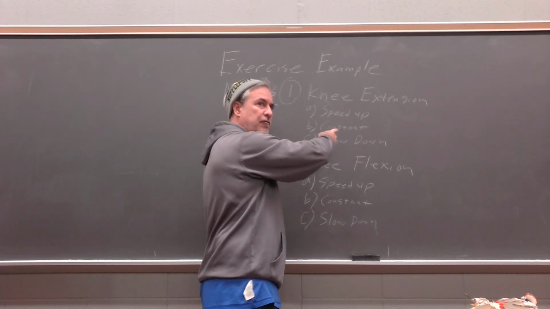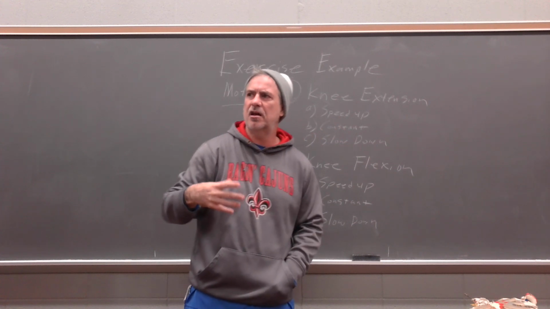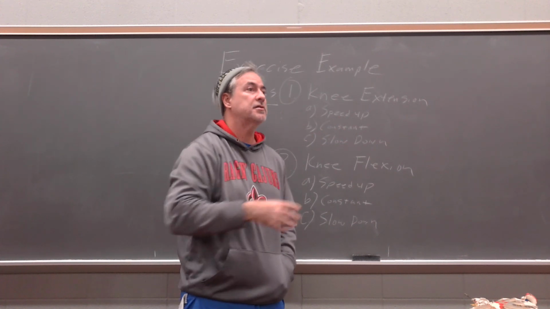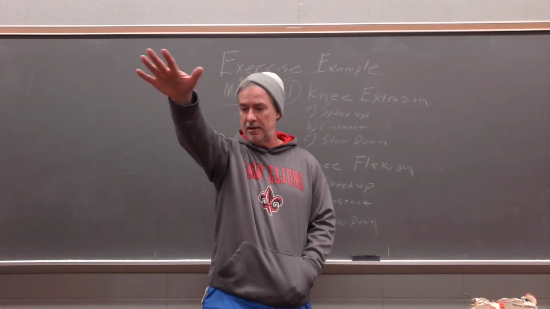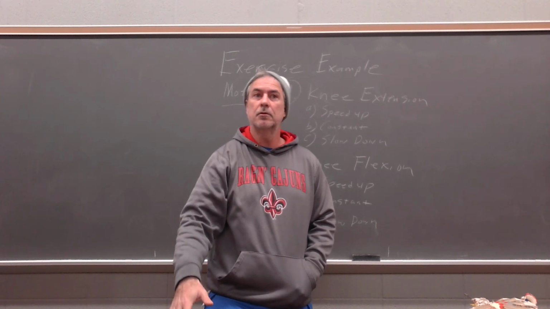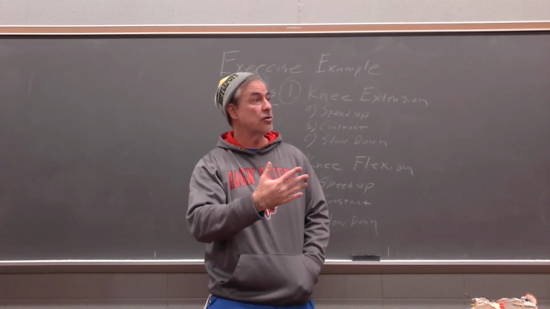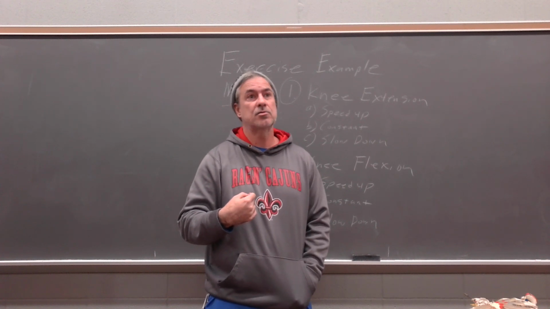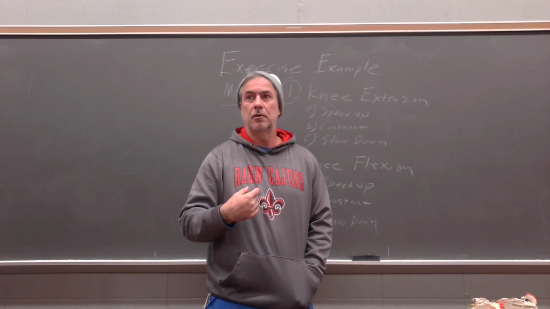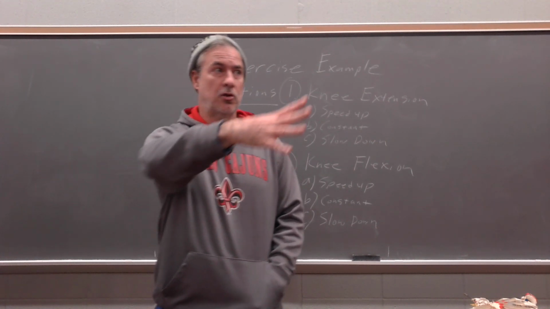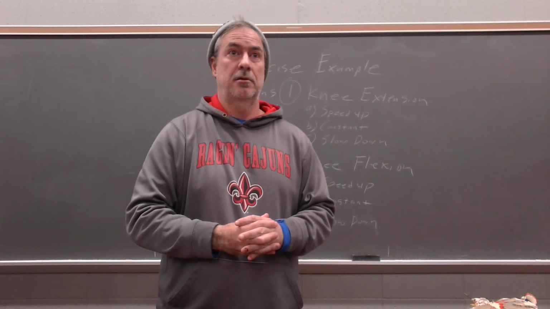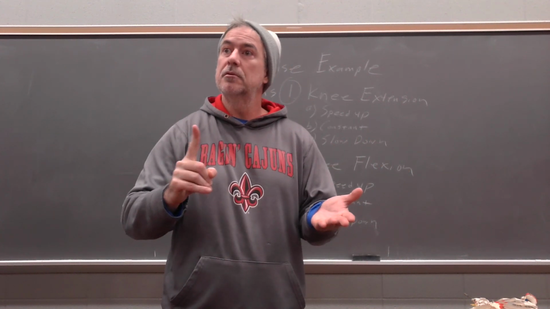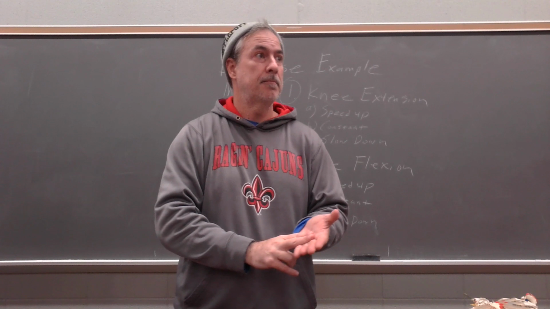You're going to have a constant phase, and we're going to get into exercises or movements where there is no constant. Like I don't want a constant speed if I'm trying to slap a mosquito, right? There's going to be exceptions to the rule where you just want to put on the gas. You want to be Talladega Nights, just want to go fast. But for most human movements, slow and controlled, it's like elevators. And there's going to be speed ups, constants, and slowdowns.